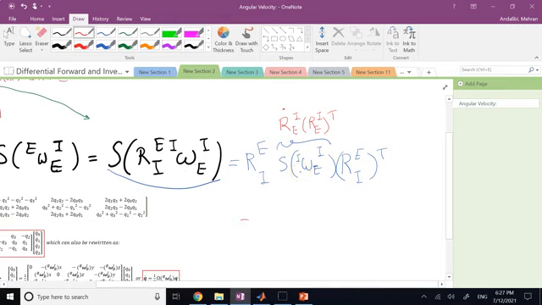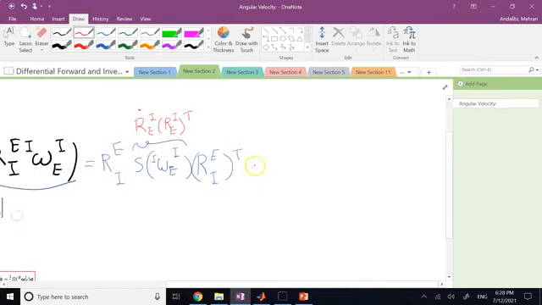Let me expand it forward. You will get R of I with respect to E, R dot of E with respect to I, times what? Times R of I E transpose, R of EI transpose. So what is this, if I ask you? What is this one?